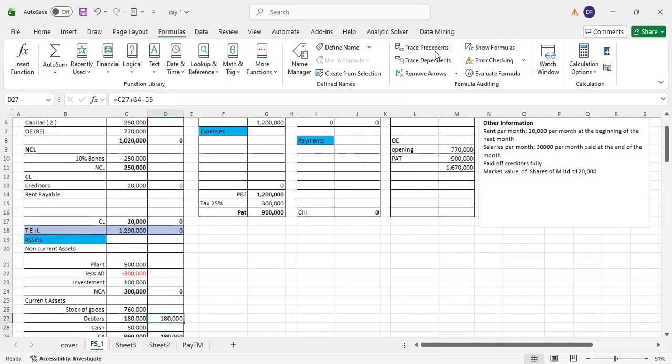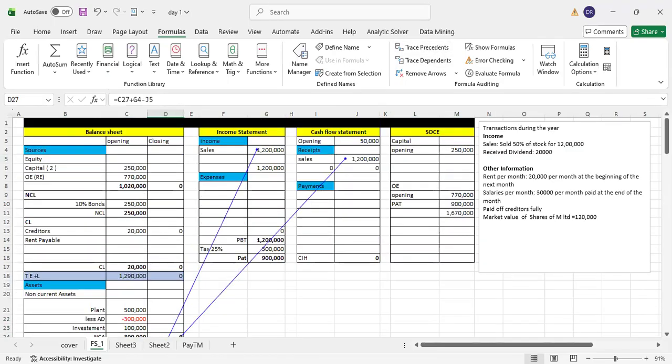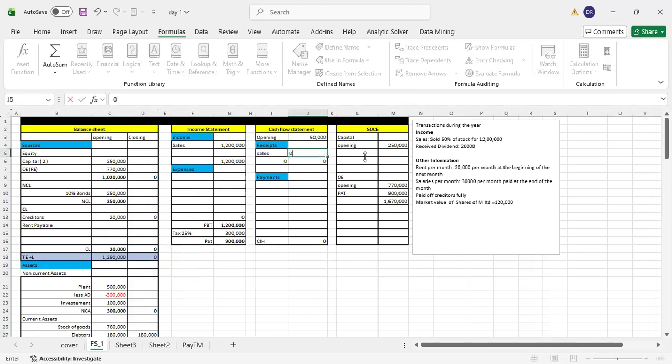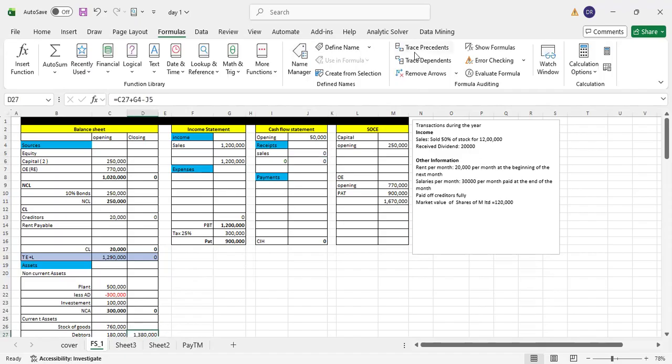In the process, I would also like you to see the interrelationship between the balance sheet, income statement, and cash flow statement. And suppose we assume that the sales are not collected, make it zero. We can see that the debtors have gone up to the extent of the credit sales.